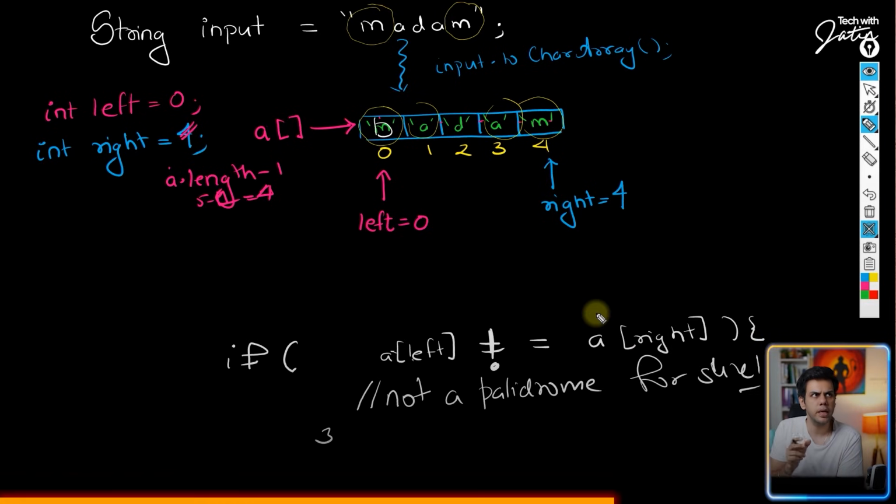So what we want, if there is going to be a letter which is going to be in uppercase, let's say over here, this M is a capital M. So over here, capital M is not equal to lowercase m. That is true. But the thing is, they both are same letter.